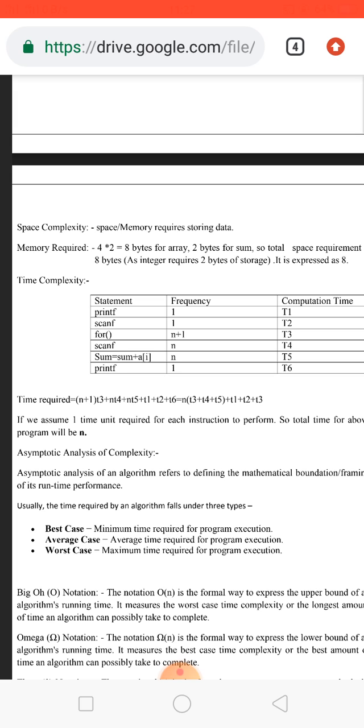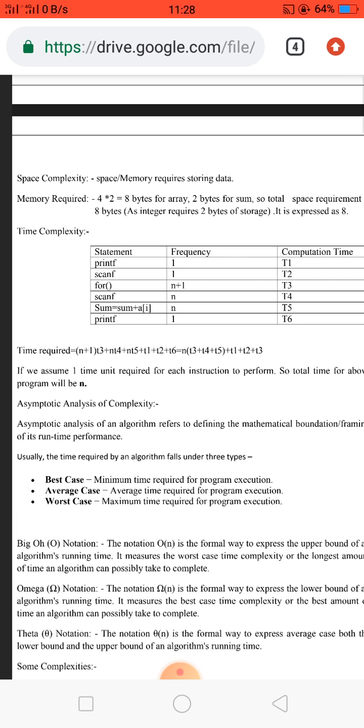Worst case is the case in which the algorithm requires the most amount of time. Average case means either it requires more amount of time or less amount of time. It can be a best case or it can be a worst case.